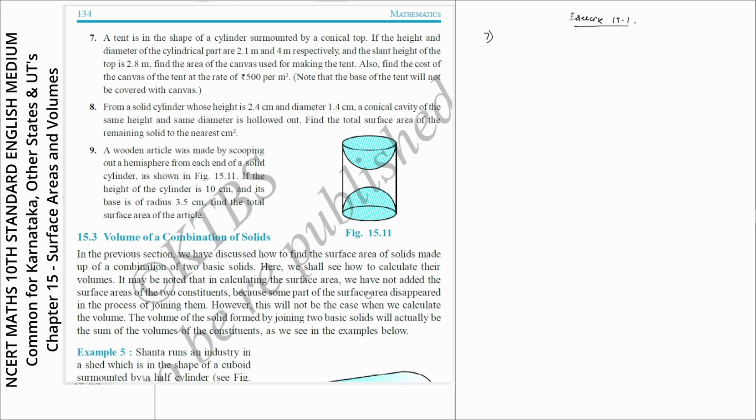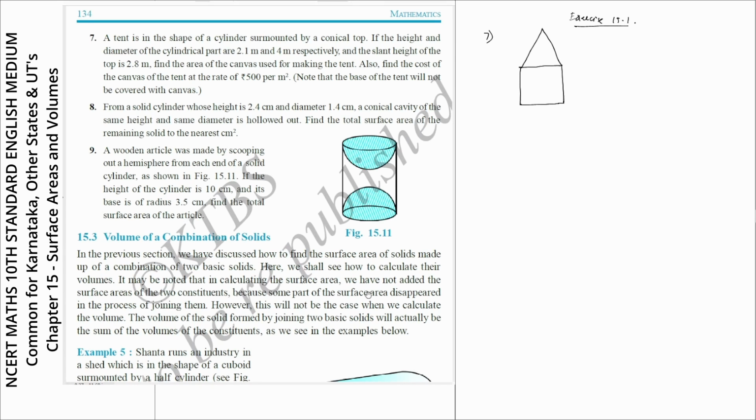So here there's a tent. It is such that the bottom portion is a cylinder and the top portion is a cone, this way.